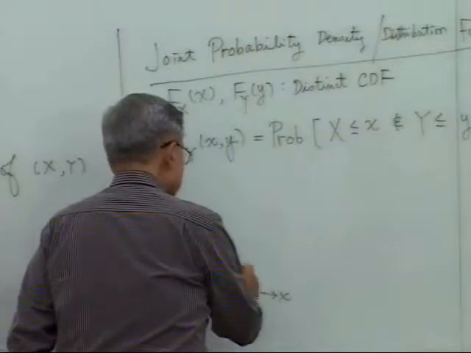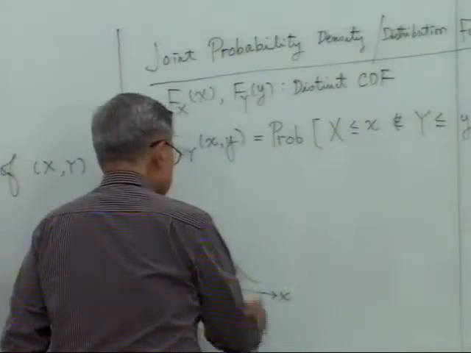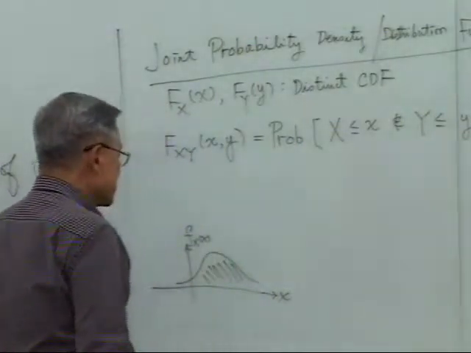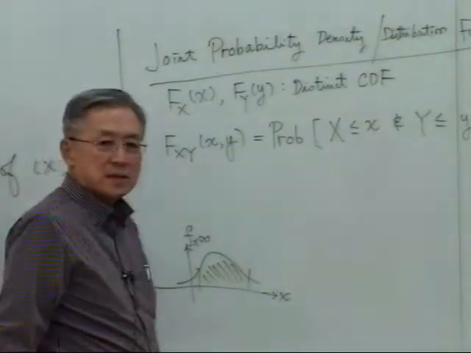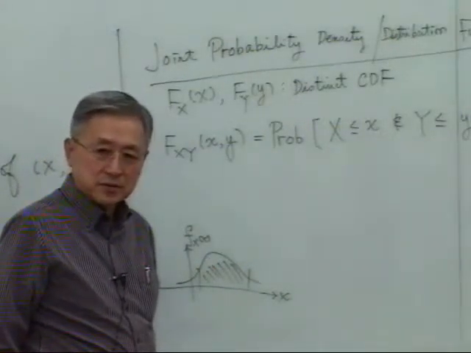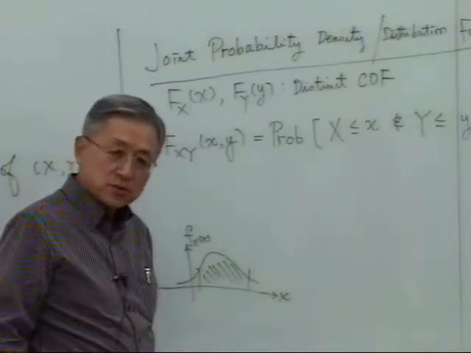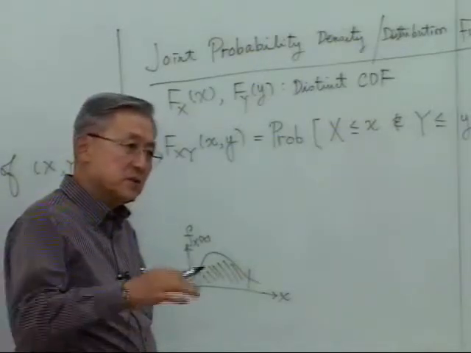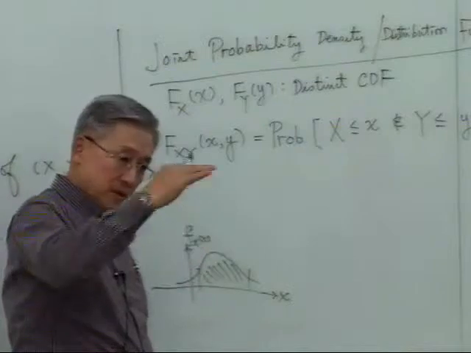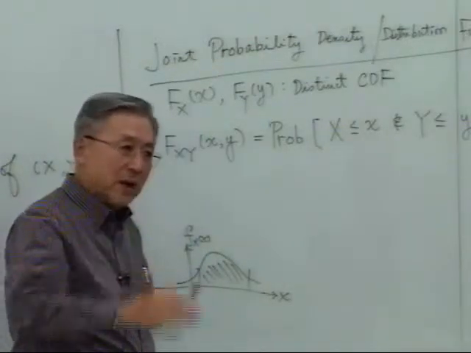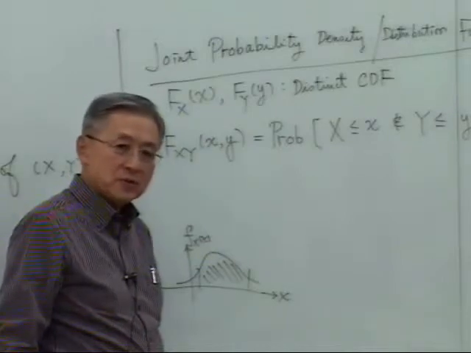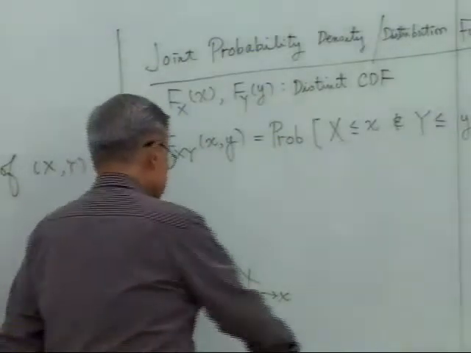To get the distribution function for one variable, you calculate the area under the curve. For a joint probability function, you have to calculate the volume under f of x, y.